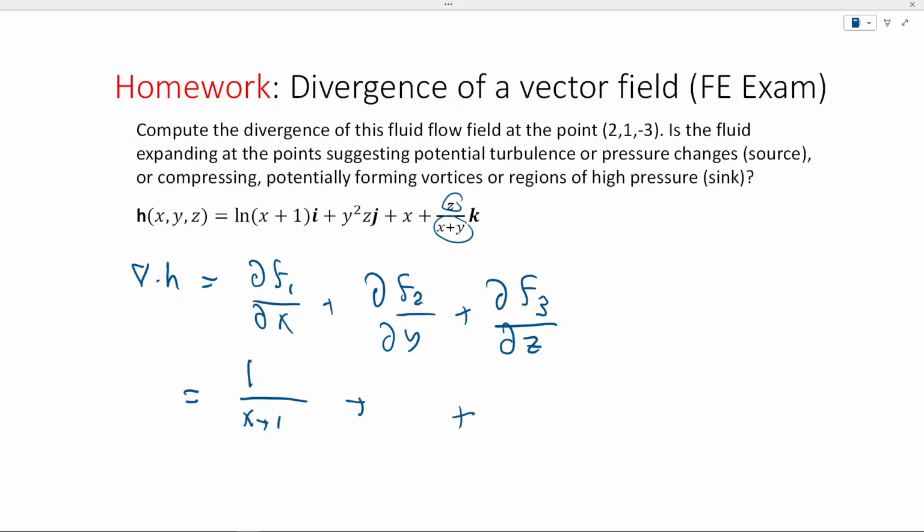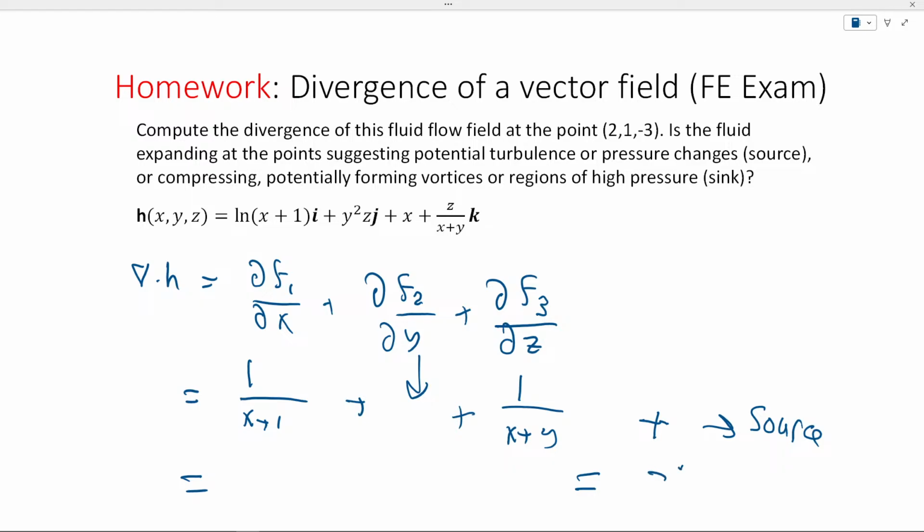Here I am basically taking the partial of f3 with respect to z. So this is just a constant, and this is my z. So I will get 1 over x plus y, and this one you can easily do. Then once you substitute your point here, you will get a number. If this number is positive, then this will be like a source.